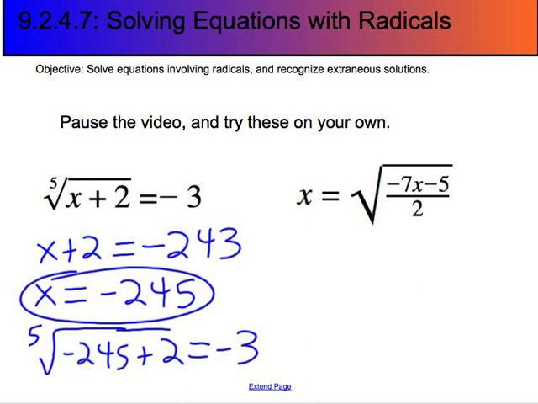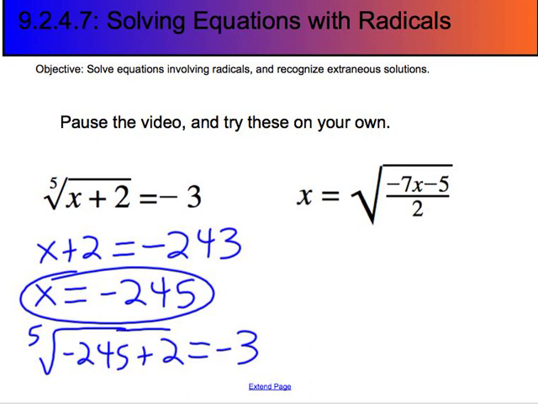So -245 does work. A word of caution here, the couple that we've done have only had one answer, and that one has definitely worked out. And the one with two answers, one of them worked out and one of them didn't. That's not the same every time. It does switch around, so you want to make sure that you check every answer.